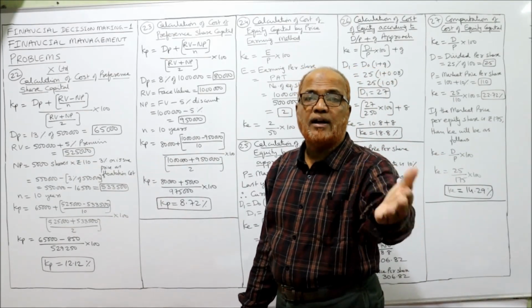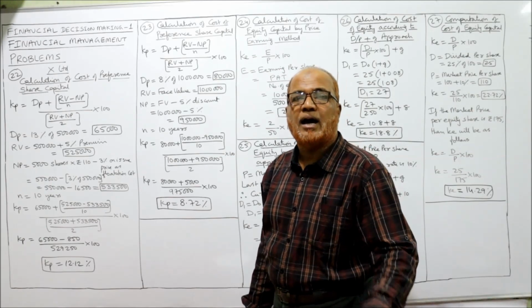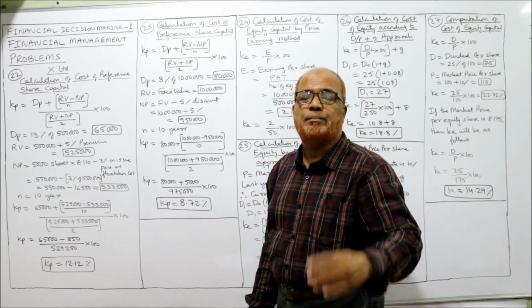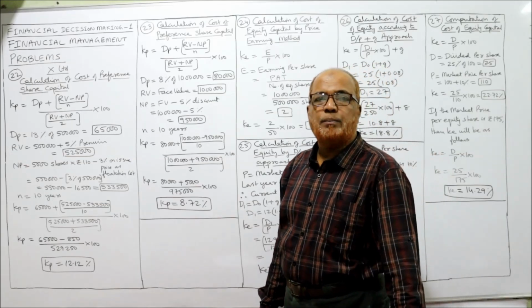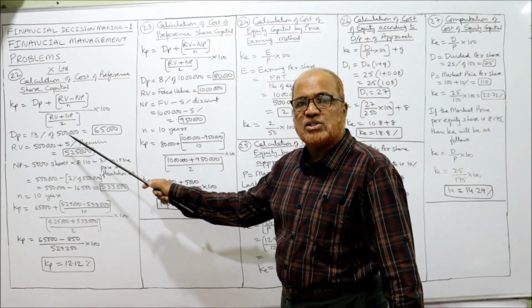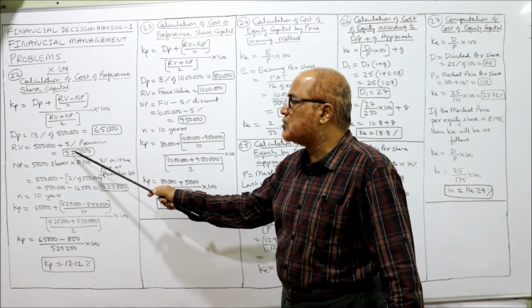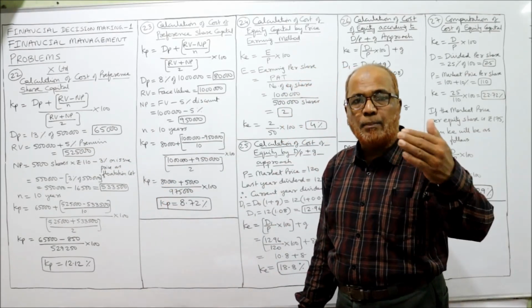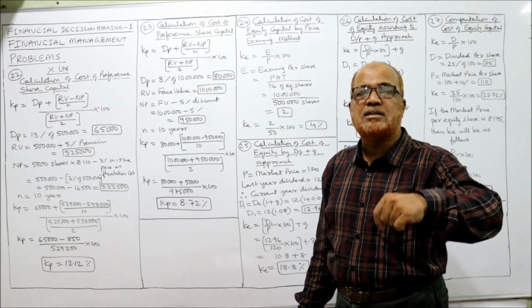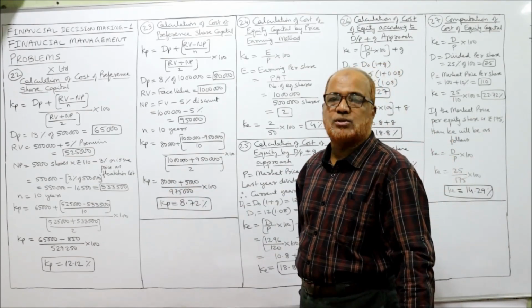At the time of redemption, it is redeemed at 5% premium, so we have to add the premium. The face value of all preference shares is 5 lakh plus 5% premium, so it comes to 5,25,000. At the time of redemption, the company will return 5,25,000.